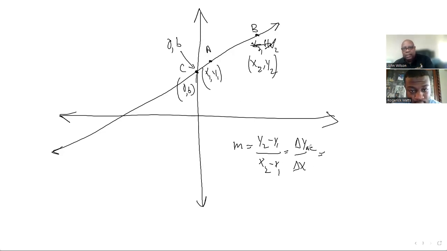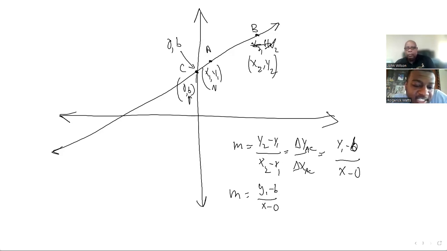The change of y between A and C is y1 minus 0. Y1 minus b, sorry. This is y here. On the bottom, it's going to be x minus 0. So m equals y1 minus b over x minus 0, correct?